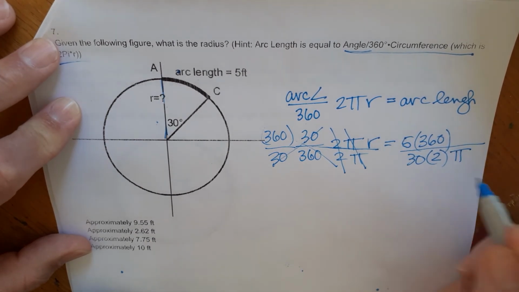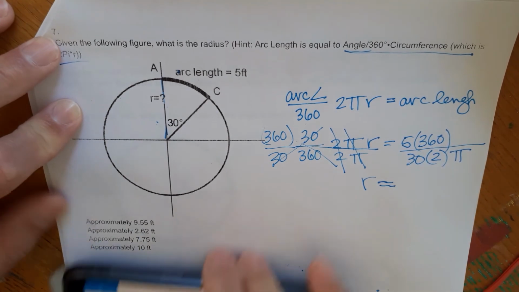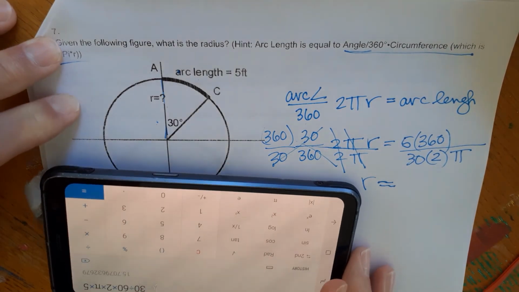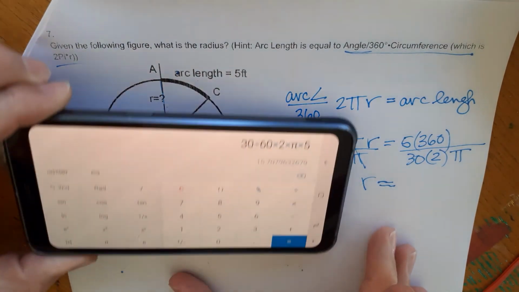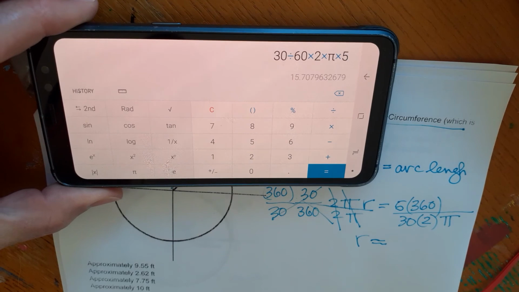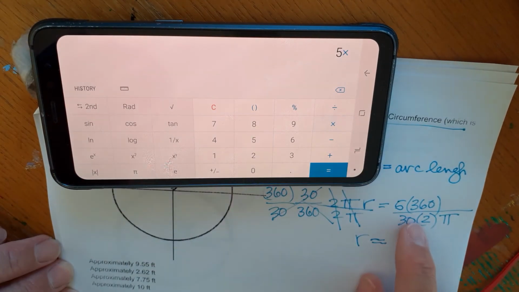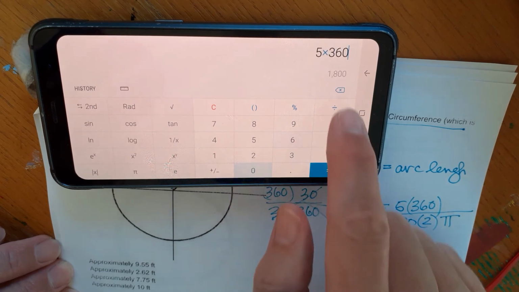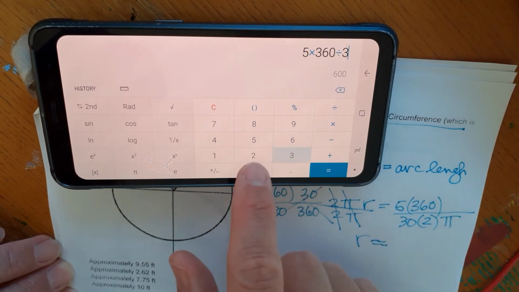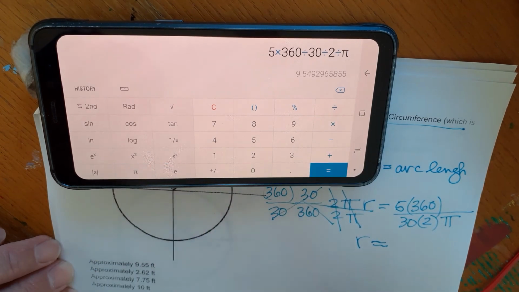Gone. Here. So I think r is approximately equal to, I'm going to take 5 times, rotate the right direction. There we go. Clear this out. I'm going to take 5 times 360 divided by 30 divided by 2 divided by pi.